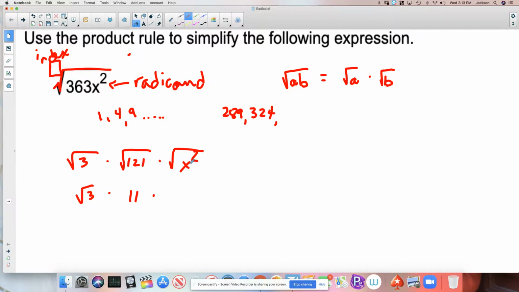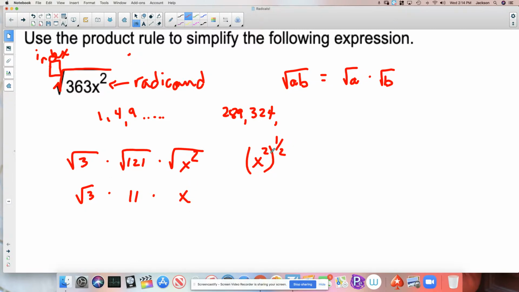When we take the square root of a variable that's raised to a power, you may have seen some work on writing radicals as fractional exponents. Clearly, the square root of x squared is just going to be x.